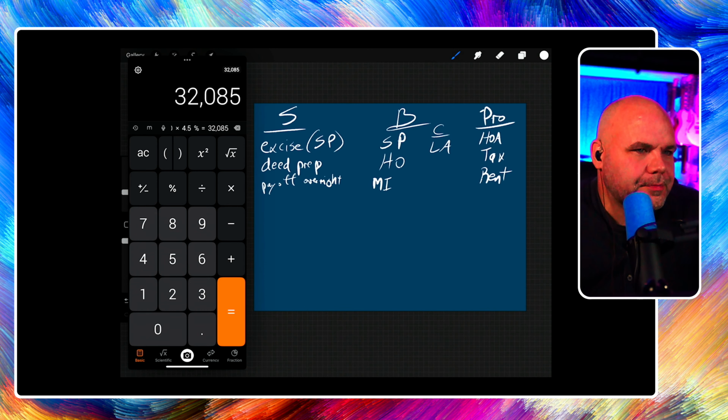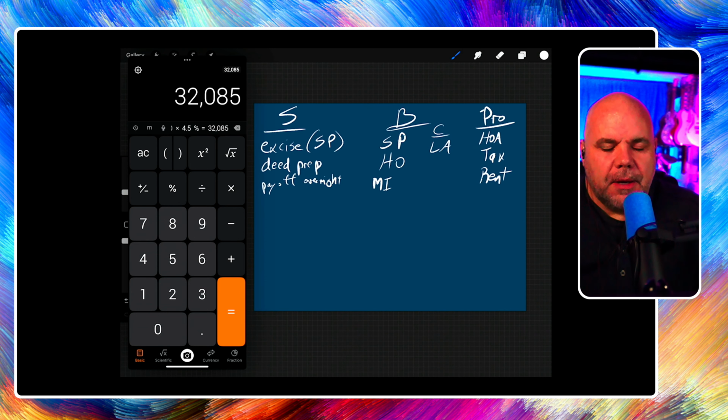But okay, there we go. The conventional loan mortgage insurance is called PMI, private mortgage insurance. And if you know those words for those acronyms, it'll kind of give it away because a conventional loan is a private loan, while an FHA loan is a government loan. So private mortgage insurance applies to conventional loans.